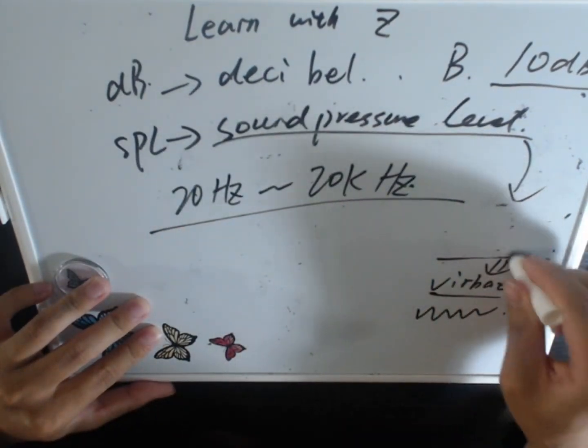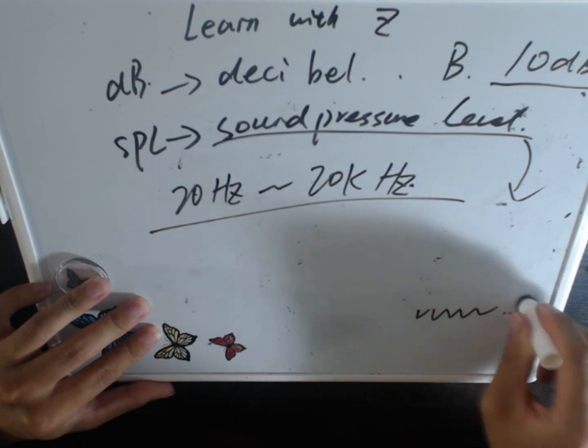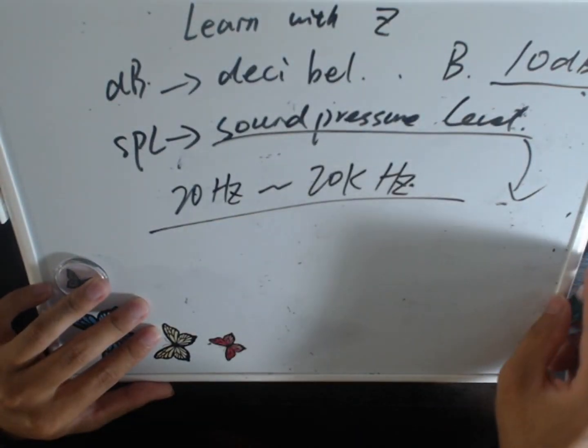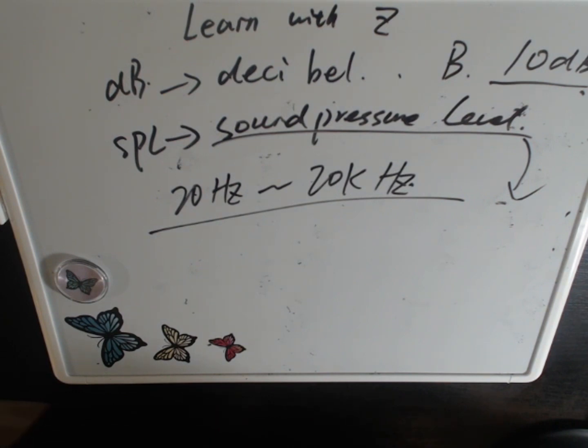Another thing I want to talk about is why humans have this range of 20 hertz to 20k hertz. In my humble opinion, I think there are two main reasons. The first reason is in an evolutionary way: humans need to have mutual communication.